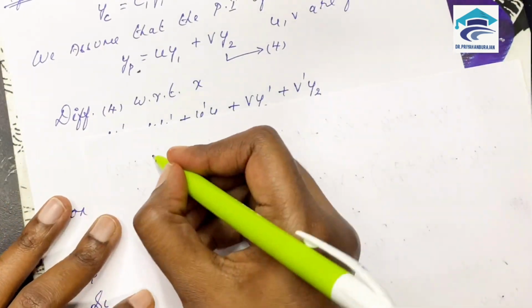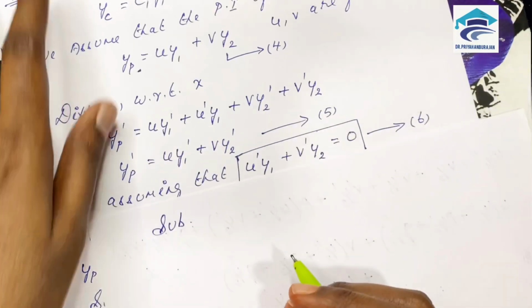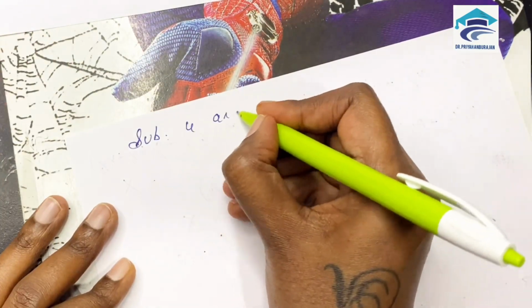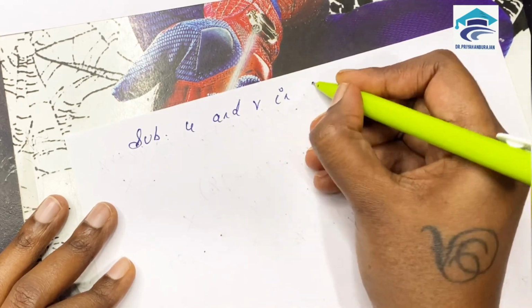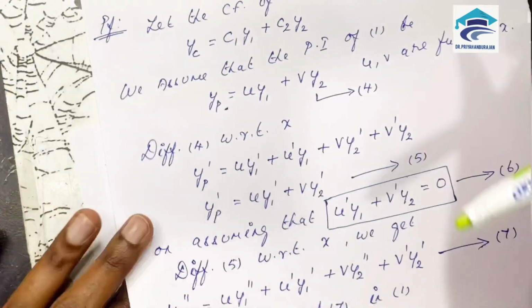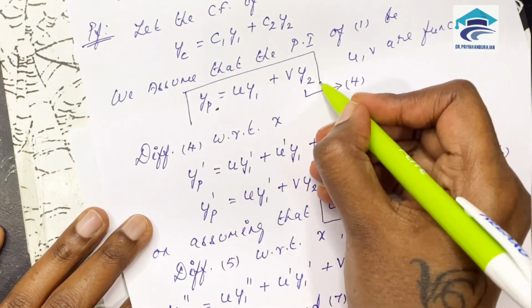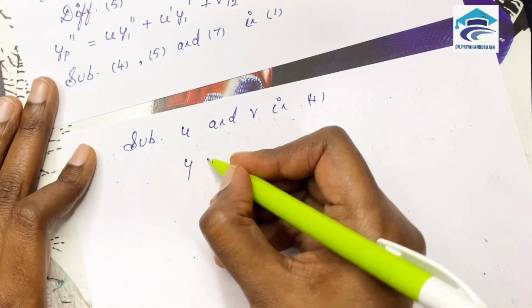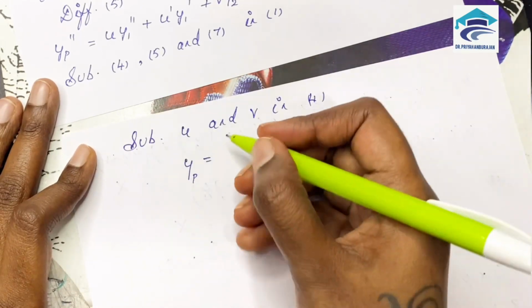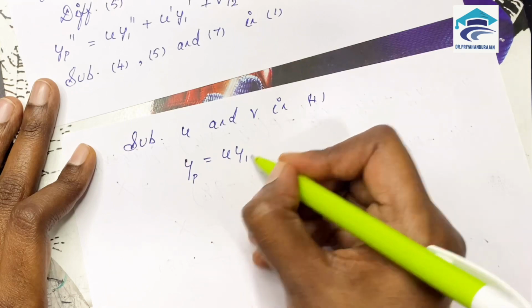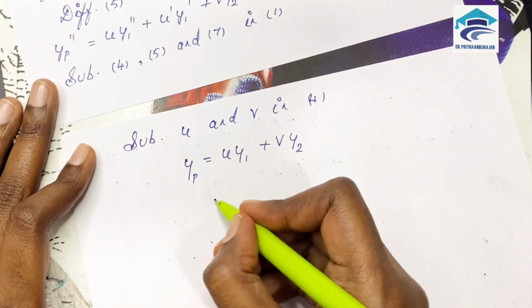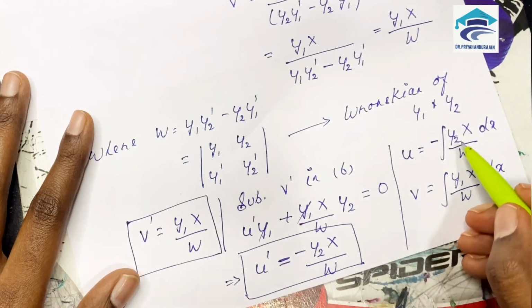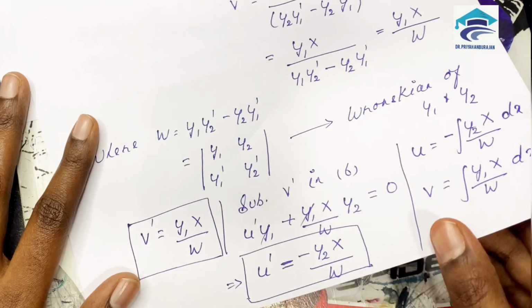So substituting u and v in equation 4, this is my equation 4. It is y, or the yp, is equal to uy1 plus vy2. So what is our u? Our u is minus integration of y2x by w.